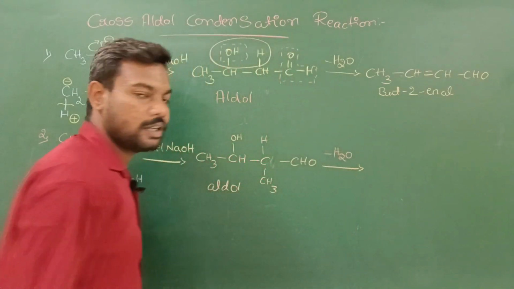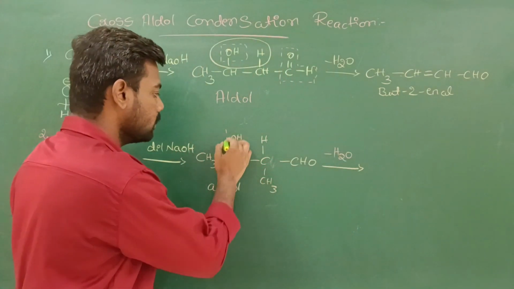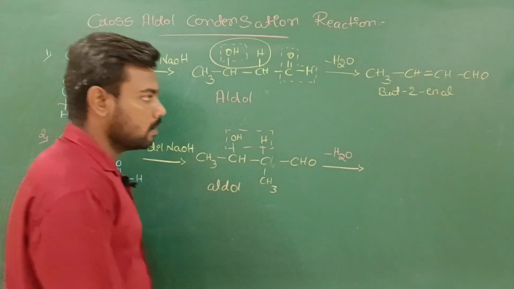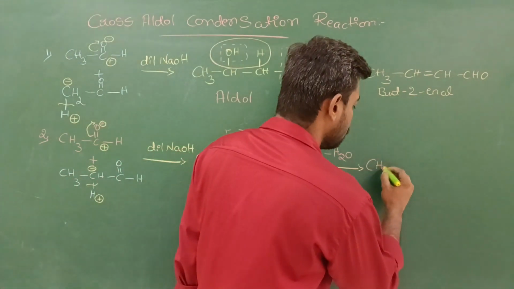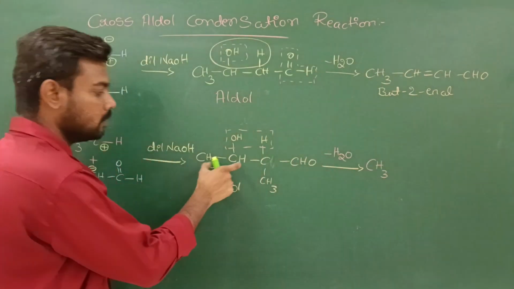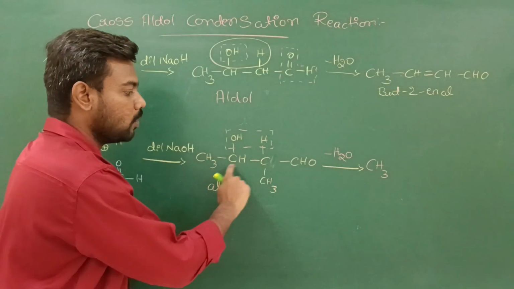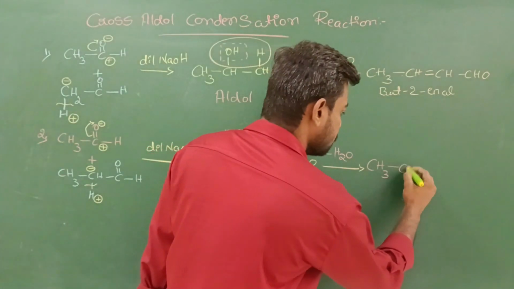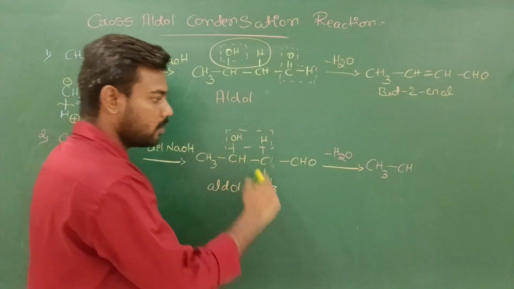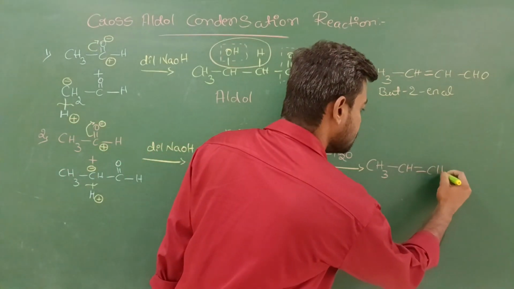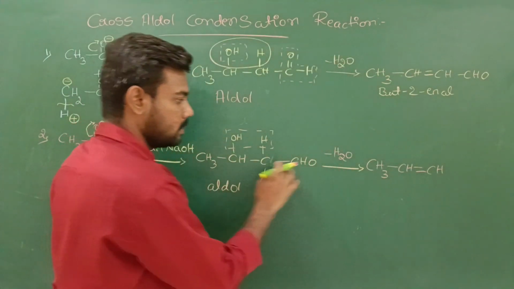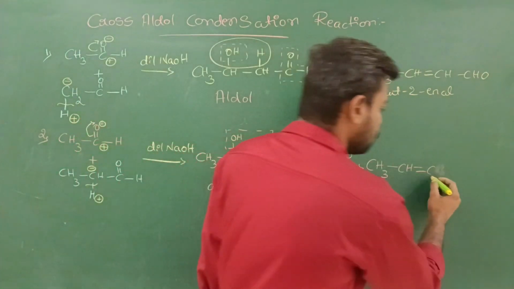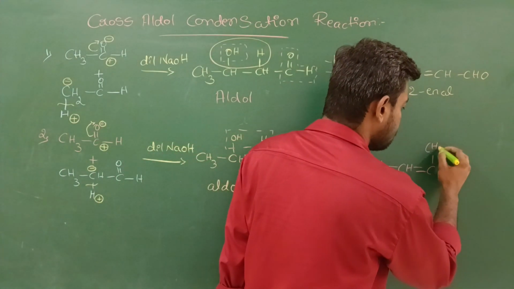It undergoes condensation, that is, removal of a water molecule. Here, between these two carbons, a double bond will be formed. We should write it like this: CH, double bond C, and here CH3 CHO.